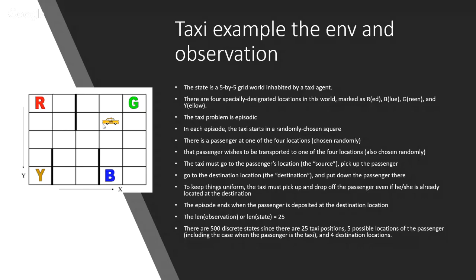Probably another thing to think about is how many discrete spaces there are. Because there's 25 taxi positions, 5 possible locations of the passenger, including the case when the passenger is in the taxi, and 4 destination locations, there's basically 500 discrete states in there, which is not that much compared to some of the problems you'll be facing with deep reinforcement learning.